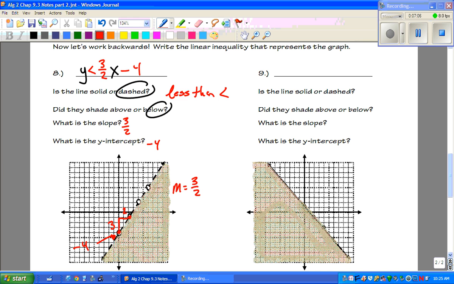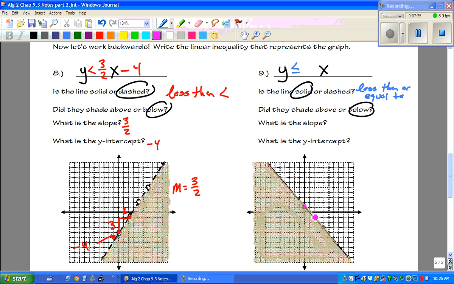So number 9, it's a diagonal, so we're going to have a y and an x. Is the line solid or dashed? It's solid. Did they shade above or below? They shaded below. So that's the less than or equal to. What's the slope?